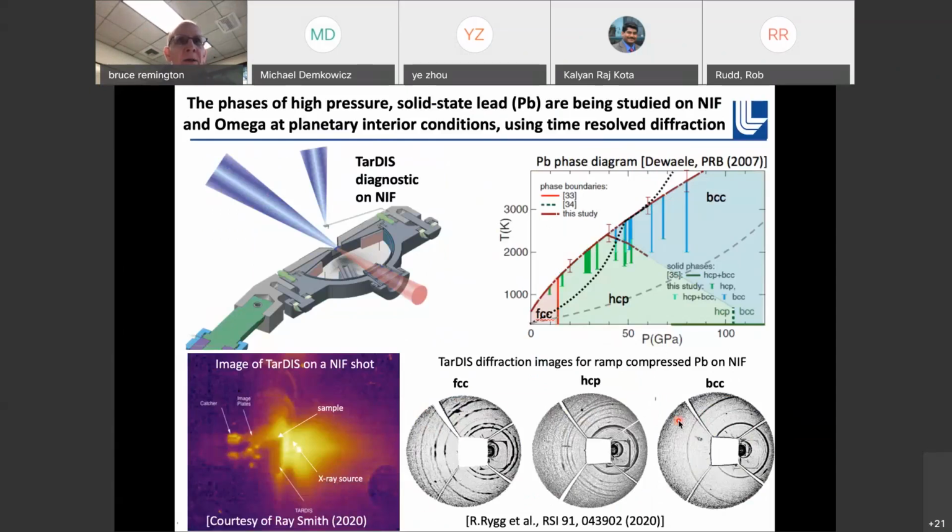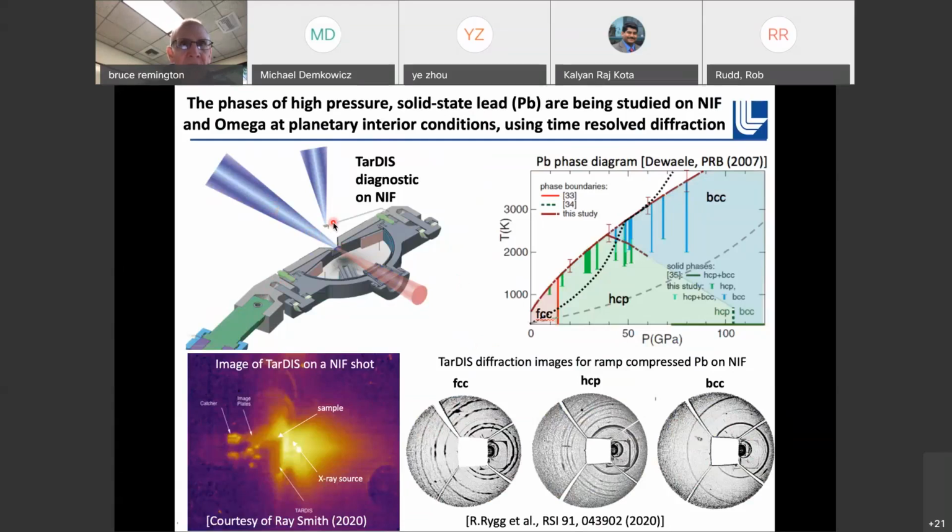So here's an experiment. It just happened that there's a nice experimental result for lead. The diagnostic that was built to do the diffraction experiments on NIF is shown on the upper left. It's called TARDIS, for Target Diffraction In Situ. On the upper left side is where the physics package sits, and the lasers directly drive that and drive a ramp compression wave through it.